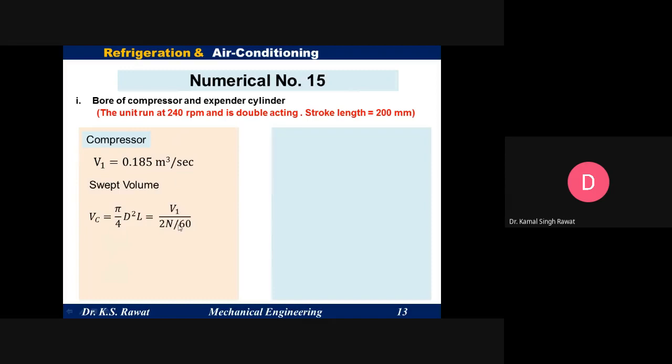If we divide N by 60, it will give the revolution per second. So if we divide V1 by N by 60, we will get the swept volume.